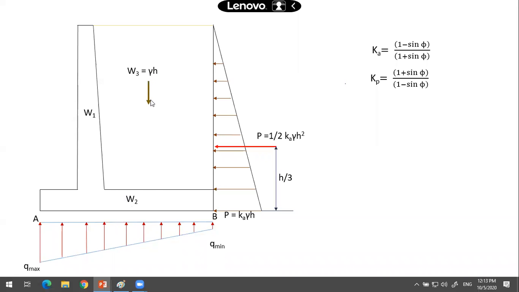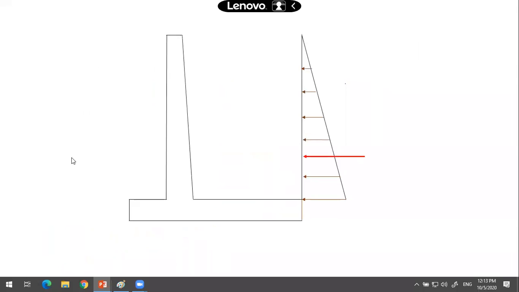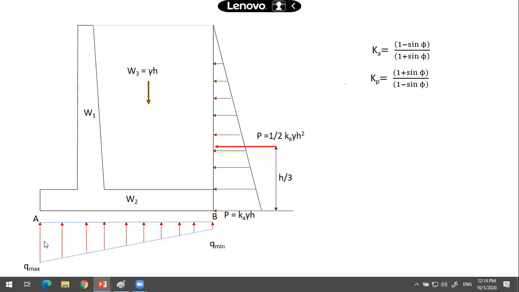So this weight of backfill will be equal to density of backfill into the height of the stem, up to the top of this base slab. So this is another force. It will be acting vertically downward. Now in addition to this, at the bottom of this base slab, what you have is the soil pressure.